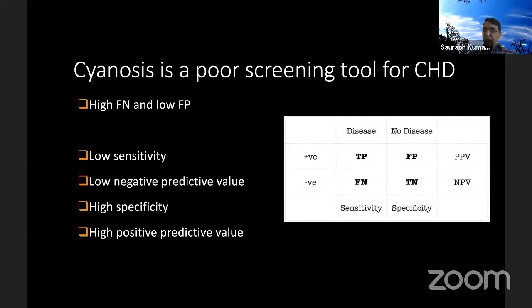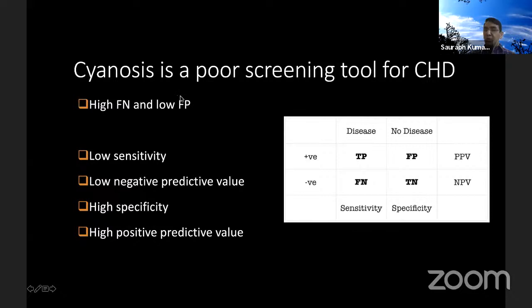So if we take cyanosis, which is defined as bluish discoloration of mucosa and skin, as a lab test, then this is a test which has very poor characteristics as a screening tool, because it has very high false negativity, as not all health professionals will be able to pick up mild cyanosis.